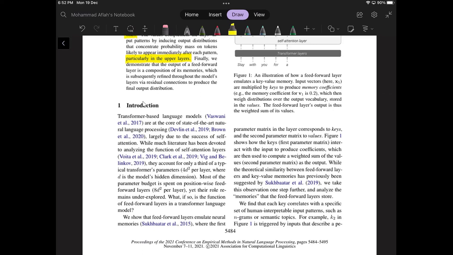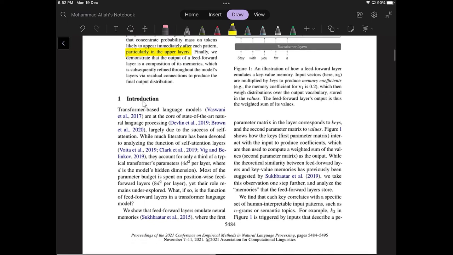So what is the function of the feed-forward layers in a transformer language model? This perfectly explains why this work is relevant. We show that feed-forward layers emulate neural memories, where the first parameter matrix in the layer corresponds to keys and the second corresponds to values.